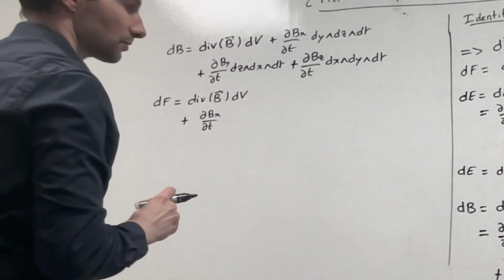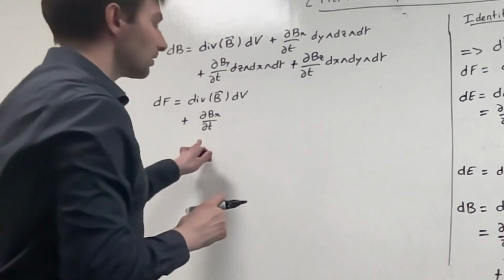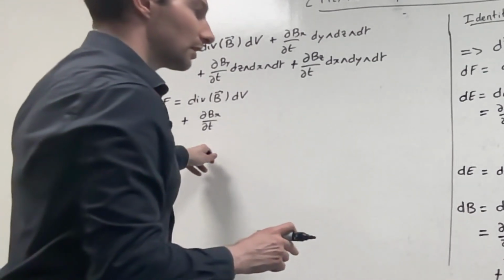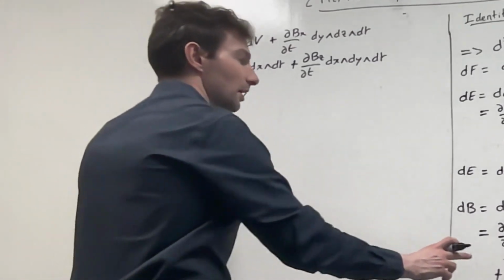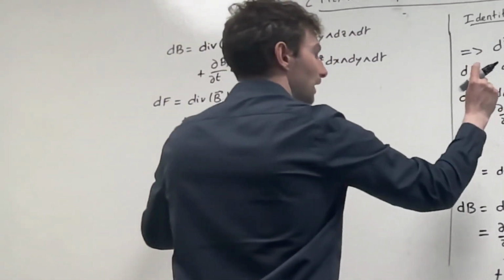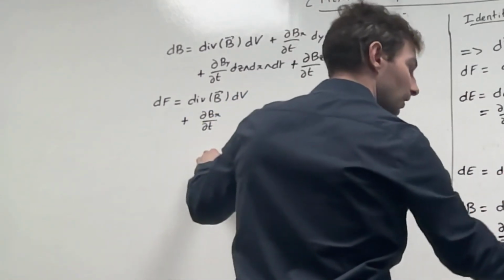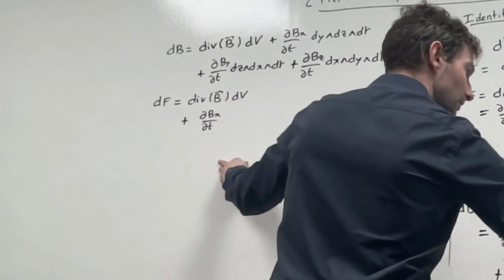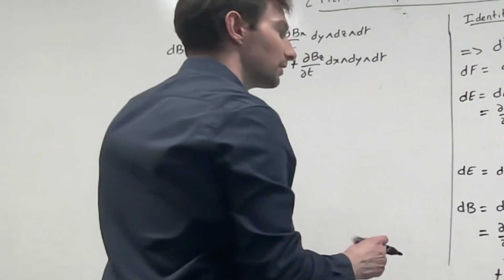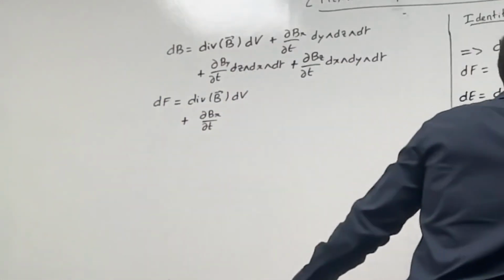So here we've got this, and now we need to compare with what we have from here. So we need to have the part that is in dy dz. So dy dz here is this one.